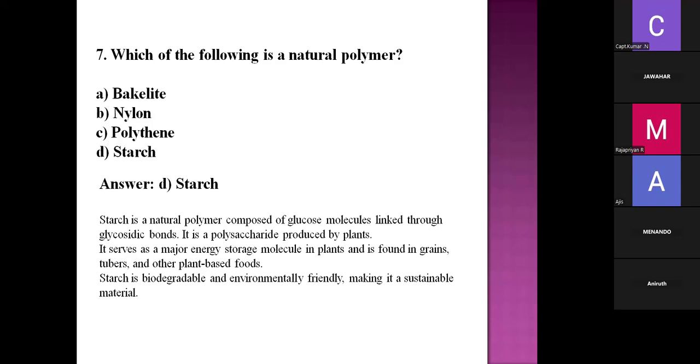Among the other options, Bakelite is a synthetic polymer made from phenol and formaldehyde through a condensation reaction. It's one of the earliest plastics developed and is used for electrical insulators, kitchenware, and other applications due to its heat resistant properties. Bakelite is not a natural polymer; it is a thermosetting polymer.